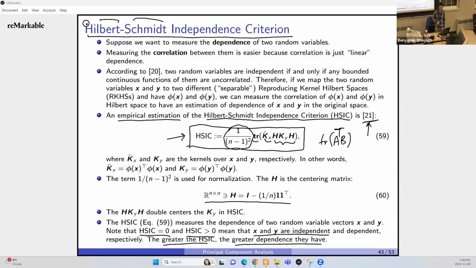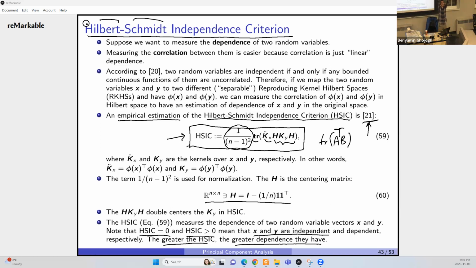Correlation is easy. Now, what can we do to measure the dependence of two random variables? You tell me. So one way is this. Scholkopf et al. said, let's map data from input space to some other space named reproducing kernel Hilbert space, right? We talked about reproducing kernel Hilbert space in kernel SVM lecture, right? Let's map them in another space.